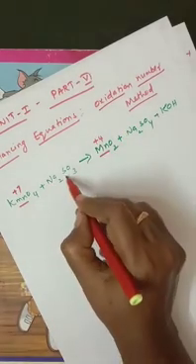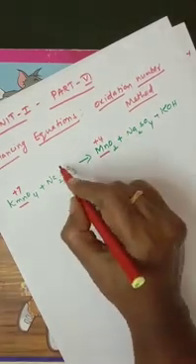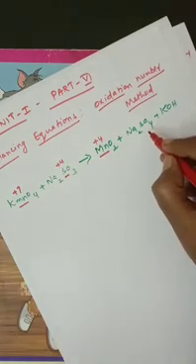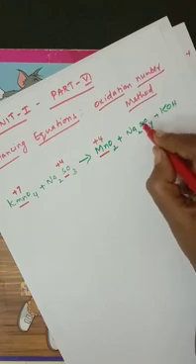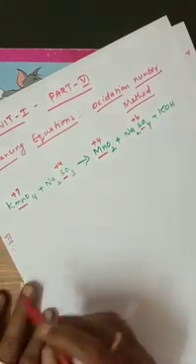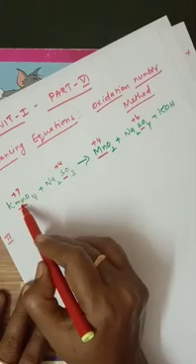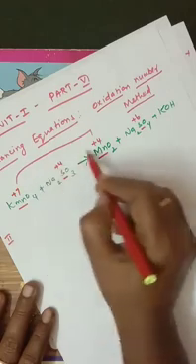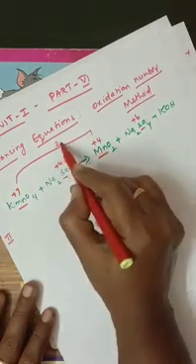And here sulfur. Sulfur is plus 4. And what about here? Here plus 6. So now I am going to write the second step. See here plus 7, manganese becomes plus 4. What happened here? Decrease in oxidation number, so reduction.